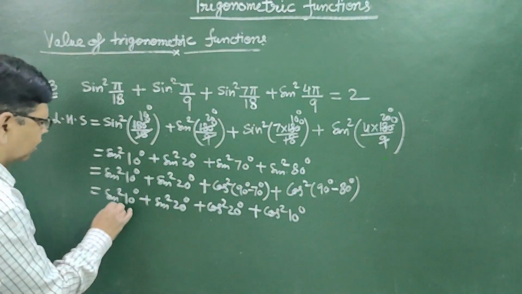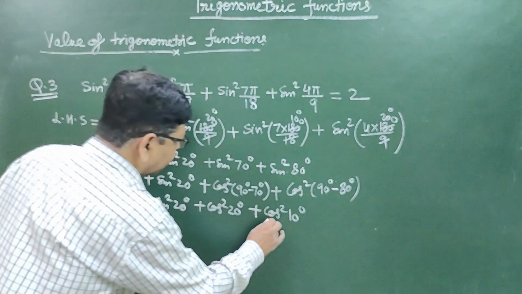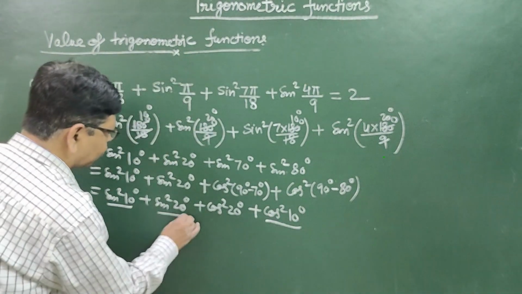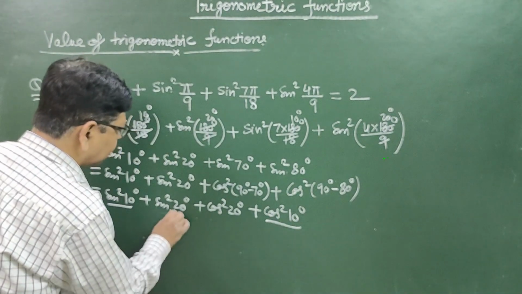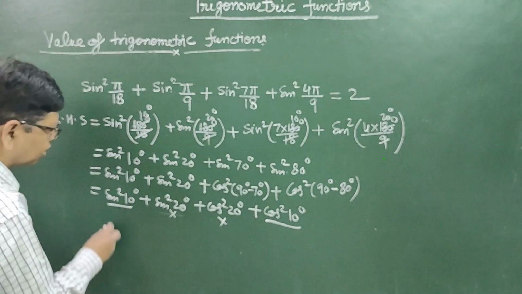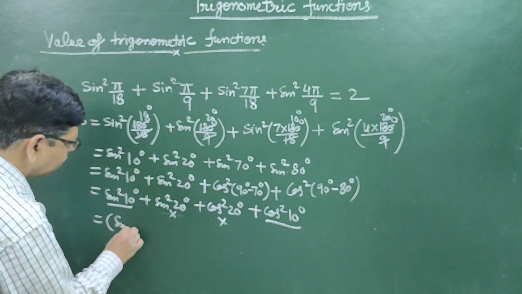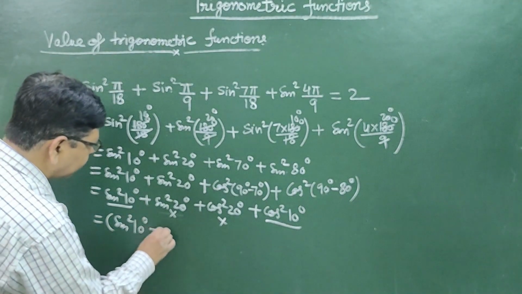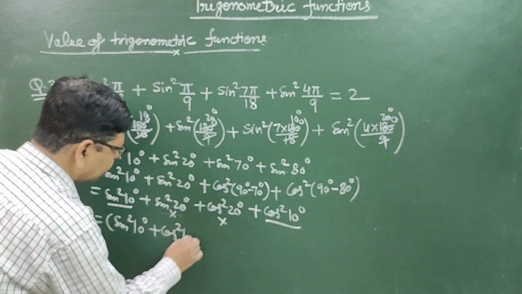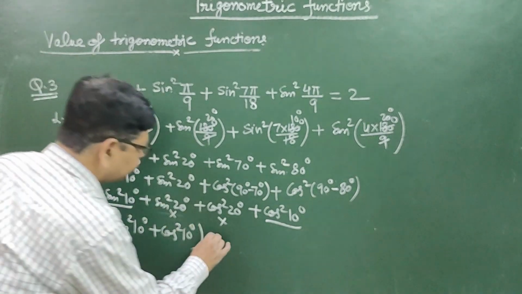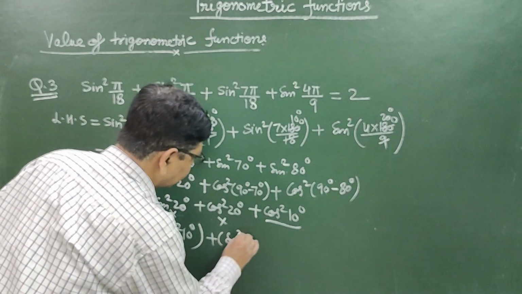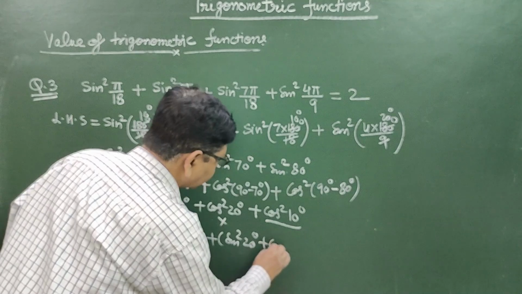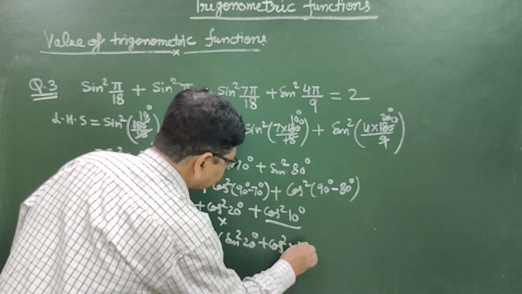Now making the pairs, this sin square together with cos square 10, and this sin square 20 degree with cos square 20. So I can write sin square 10 plus cos square 10 degree, plus sin square 20 degree plus cos square 20 degree.